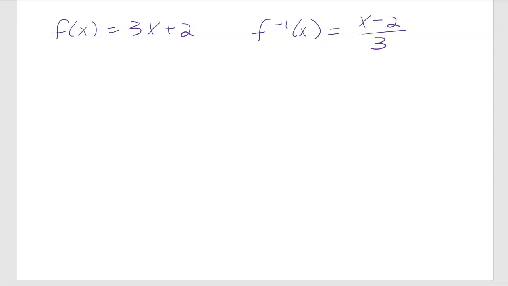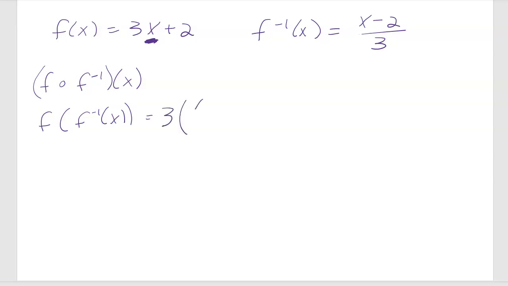Okay, so if I do f of f inverse, then I'm going to put the inverse function inside of f. Okay, so where there's a variable, remember we've done this before, where there's a variable you stick the inverse function in. So I'll have 3 times x minus 2 over 3 plus 2, and then I simplify this. The 3's will cross reduce there, and then I have x minus 2 plus 2, and that does simplify to x.